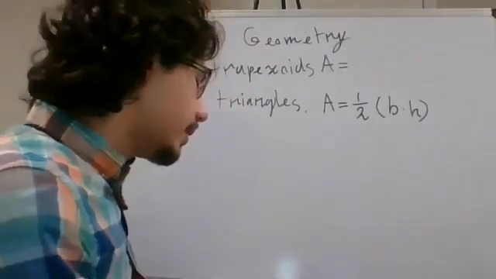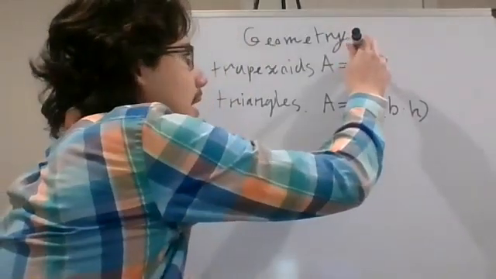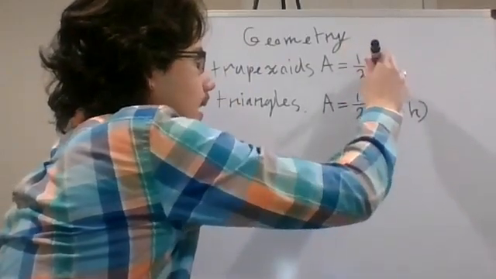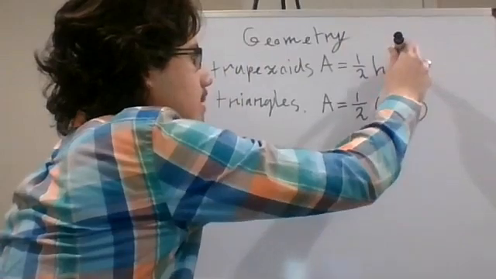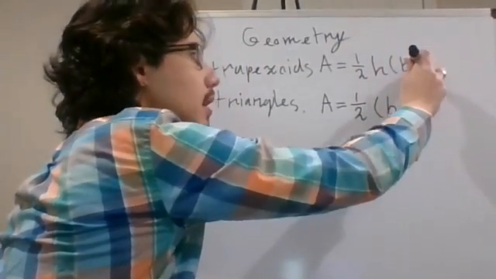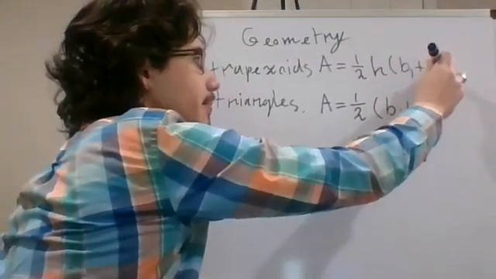If not, very well. We reviewed last time that the area of a trapezoid is half height times the sum of the 2 bases, base 1 plus base 2.